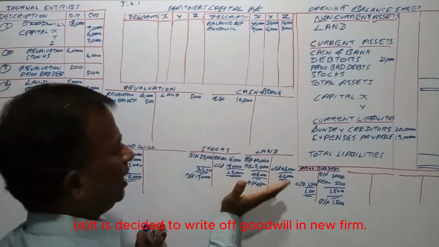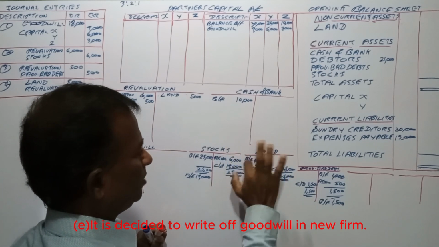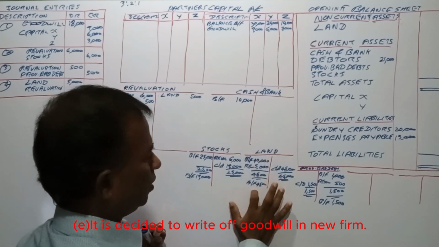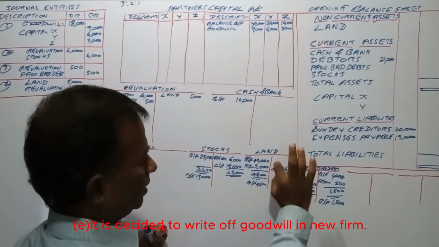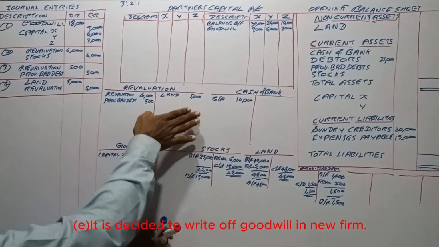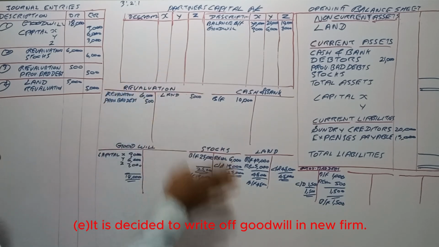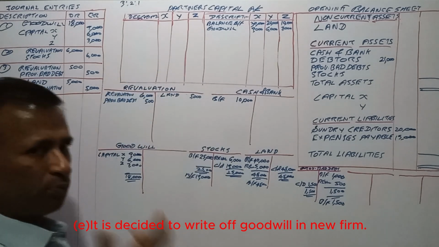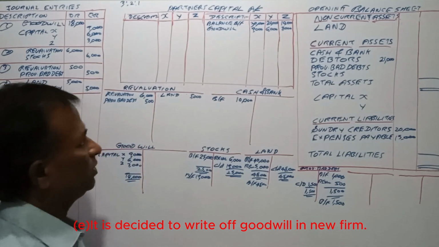Land is appreciated by 5,000, from 40,000 to 45,000, debited to land and credited to revaluation account because we gained a profit on revaluation.